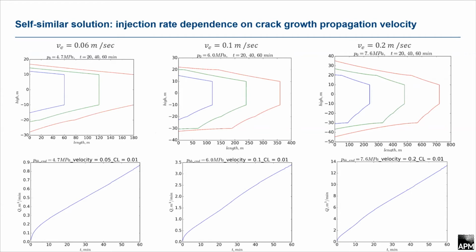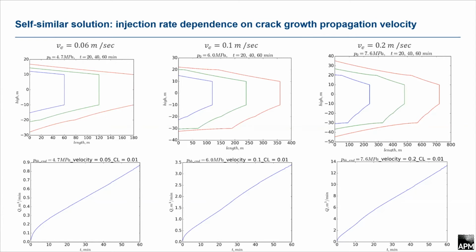In the classical problem of hydraulic fracturing, this schedule is set, and usually we have a constant injection rate, so the speed of fracture propagation is not constant. But in my study, I set the velocity of fracture growth to be constant, so you need a growing injection rate. Yeah, you need it growing. Okay, that's understandable.